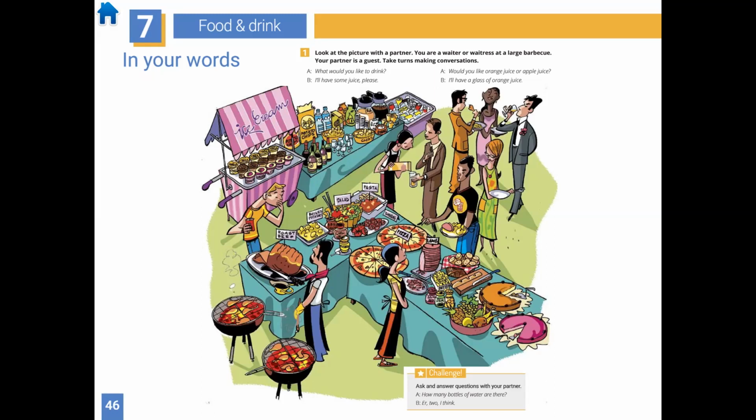Number 2, chicken. Again, 2 sentences, 1 count, 1 non-count. And ice cream. Again, 2 sentences, 1 count and 1 non-count. Write down your 6 sentences into your notebook, and I'm going to give you 1 minute.